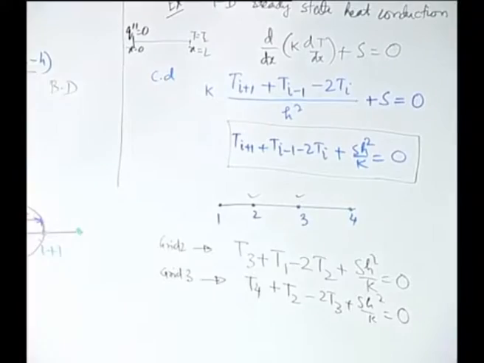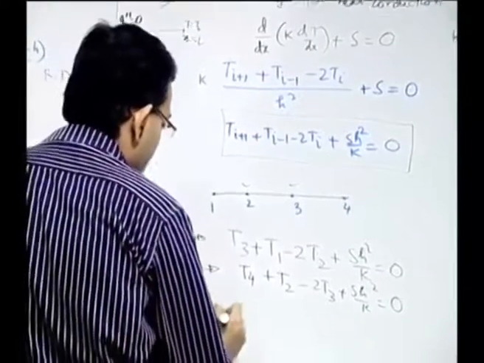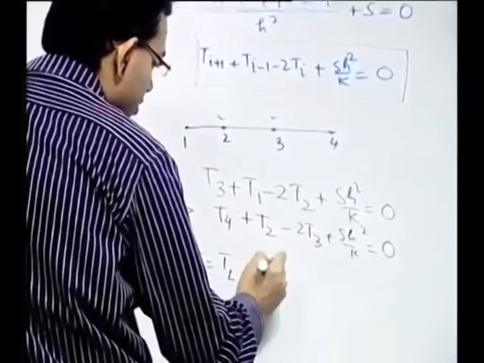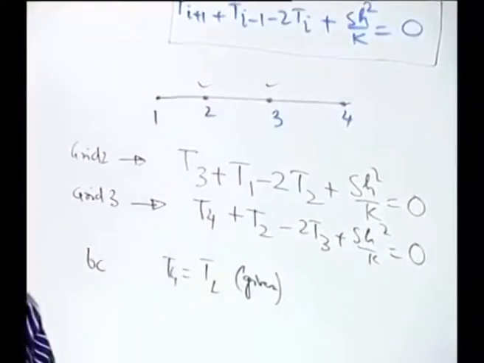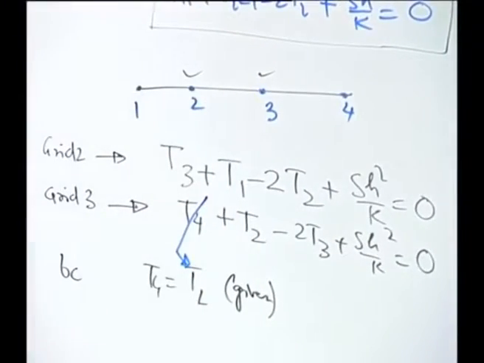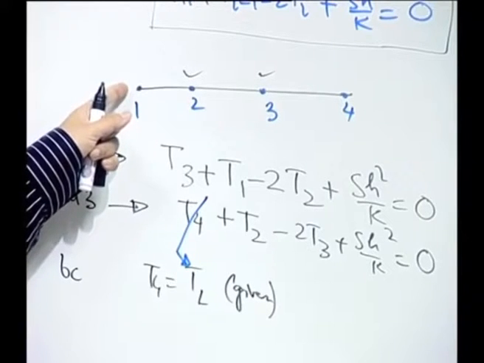Then you have the boundary condition, say T4 is equal to T L, that is given. But still you have T1, T2, T3 as 3 unknowns, so you require another equation. Obviously, grid point 1 will give you another equation.